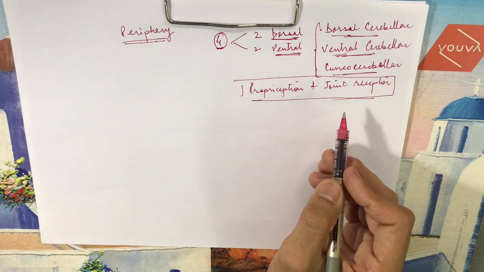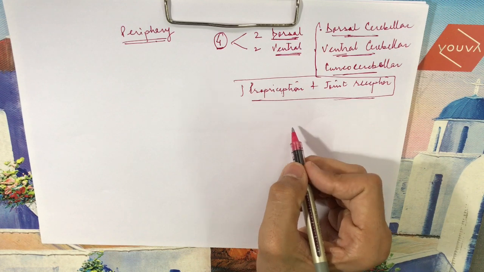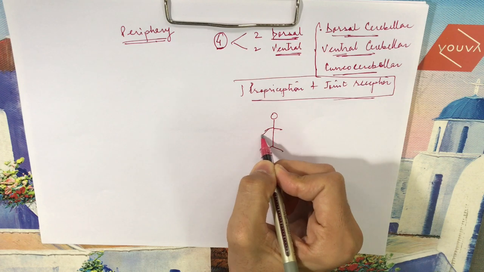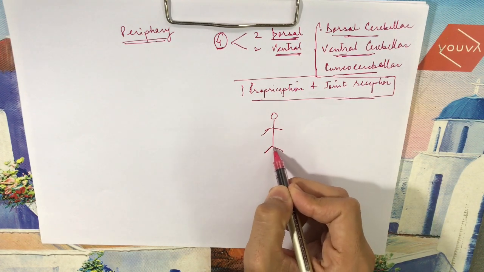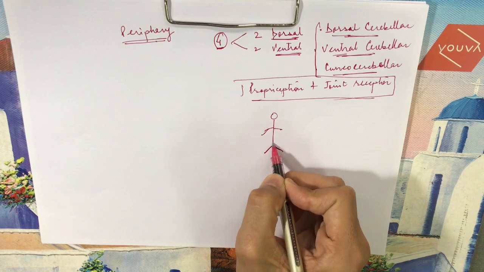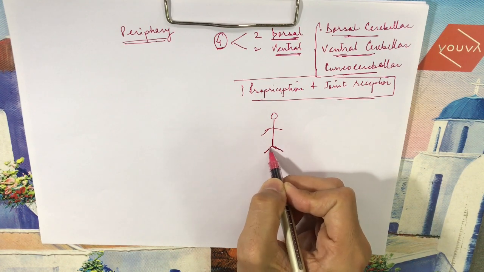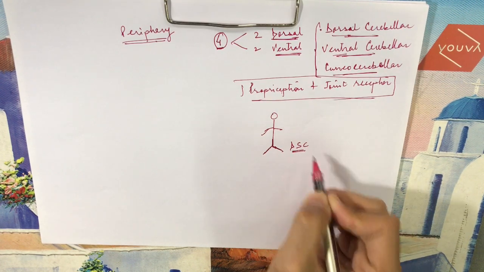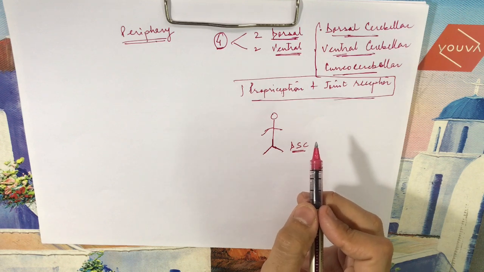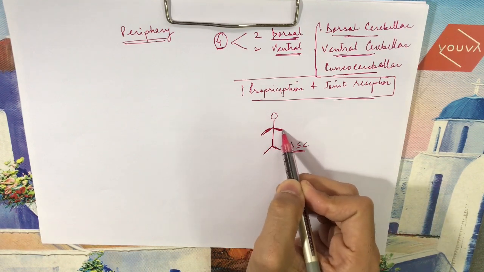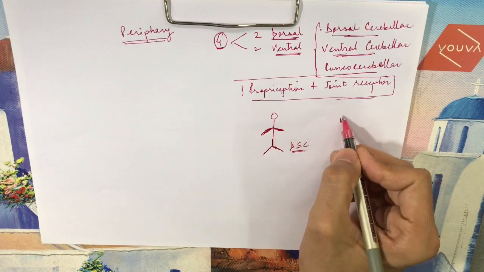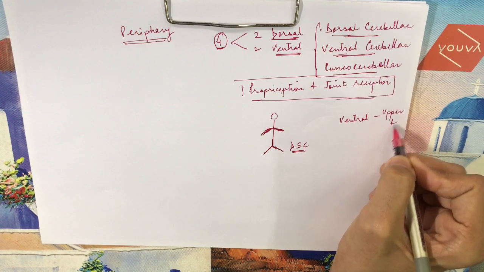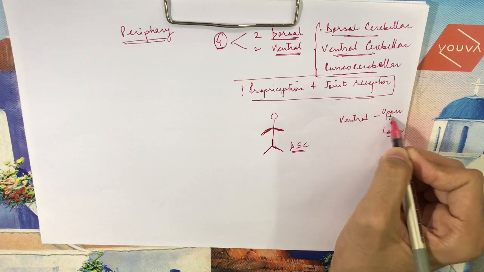The dorsal one, if I draw the diagram this way, is carrying the information regarding the lower limb and the trunk part, that is the dorsal spinocerebellar tract. And the ventral one is related with the limbs, whether upper limb or lower limb.